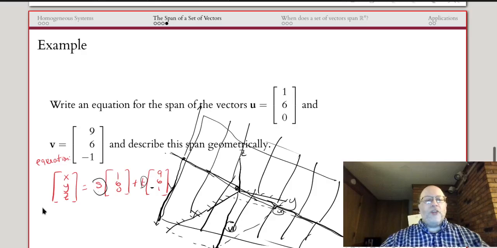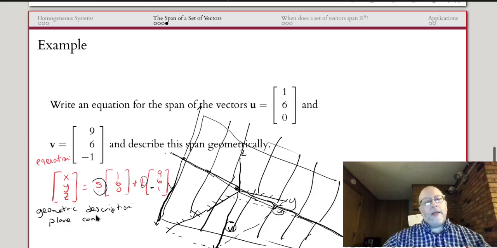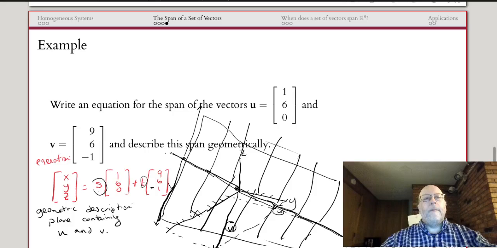So the geometric description is a plane containing u and v. All right.